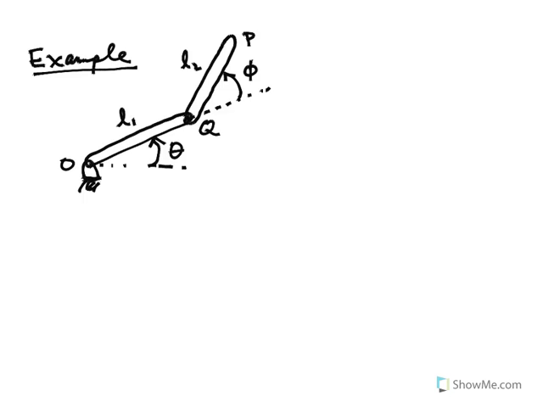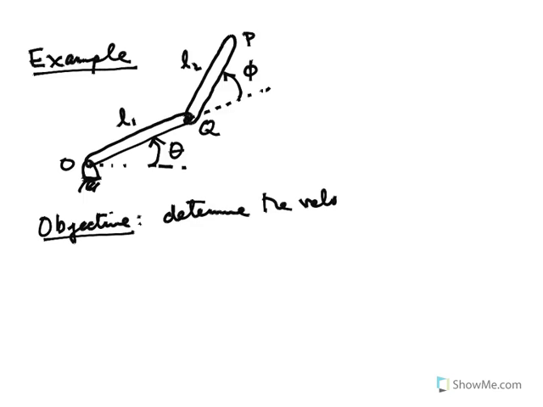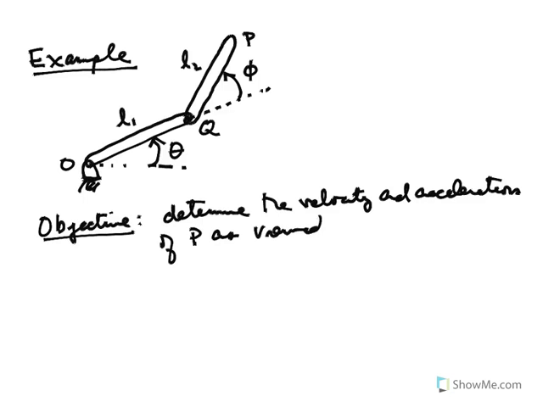So what are we interested in? Let's look at the objective. The objective is to determine the velocity and acceleration of point P as viewed by an observer fixed to the ground.